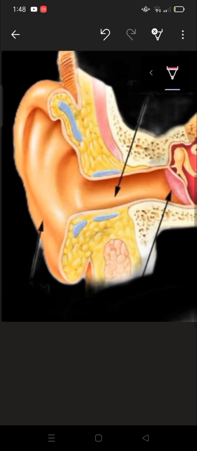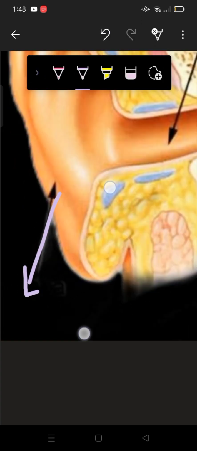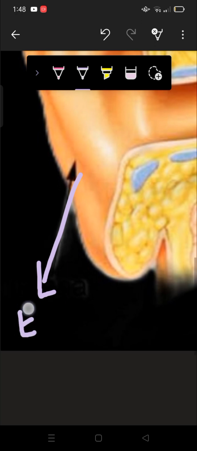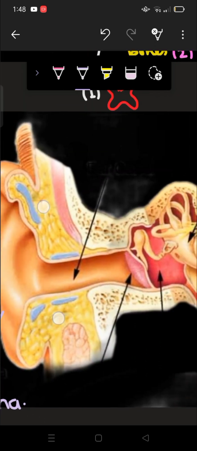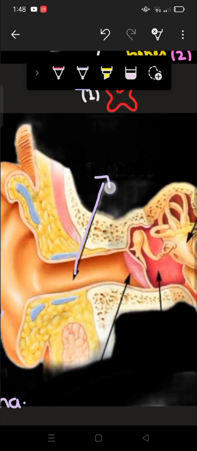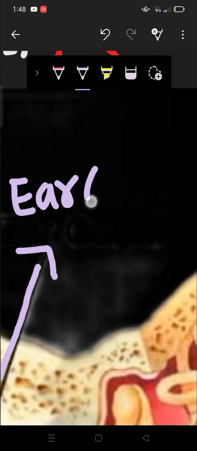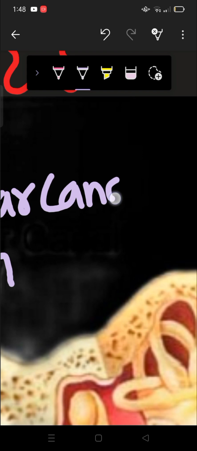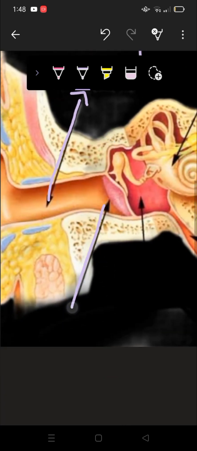So let me label this figure. Let me write this with this color. This is the ear pinna. Here we have the ear canal. Here this is the ear drum.